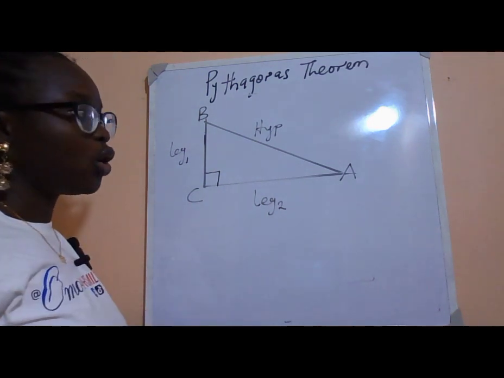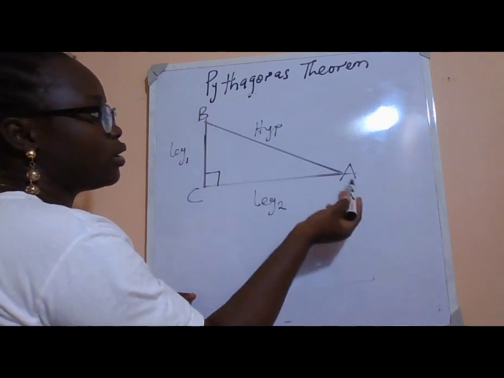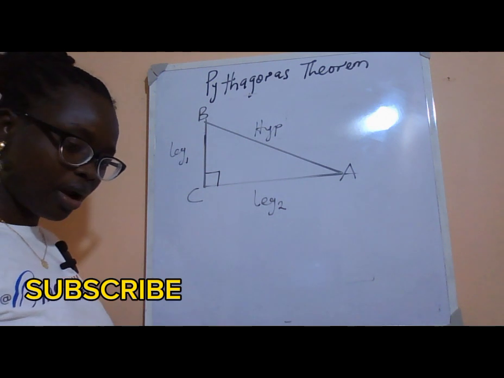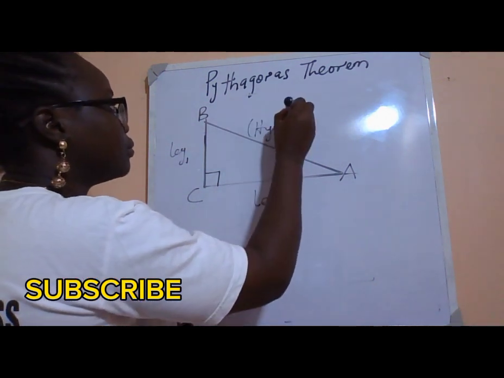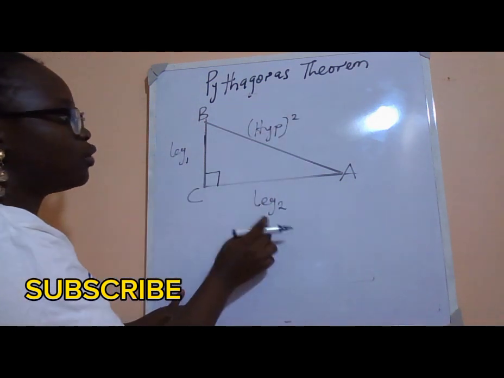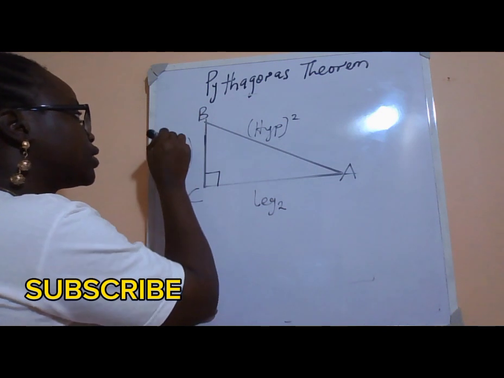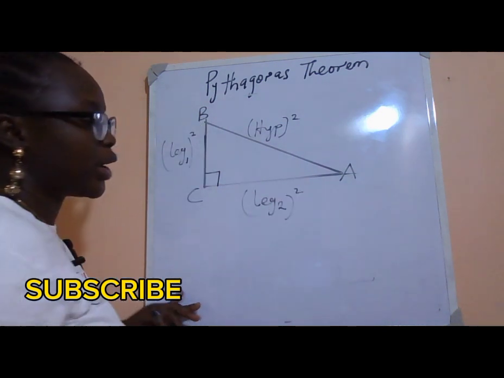So going by the law, we recall that the law states that the square of the hypotenuse, hypotenuse squared, is equal to the sum of these two legs. And note that the first leg is also squared and the second leg is also squared.